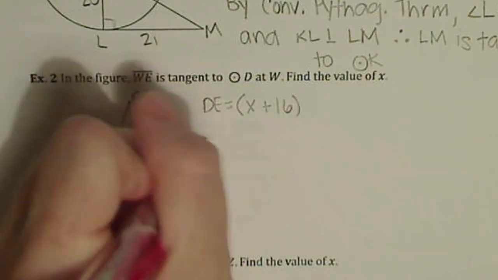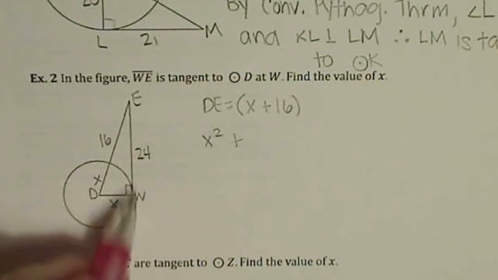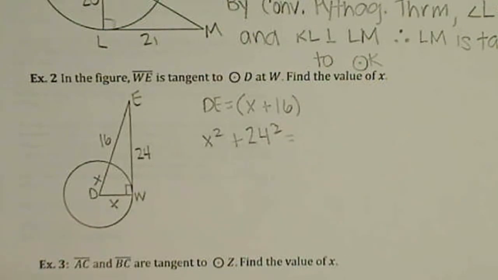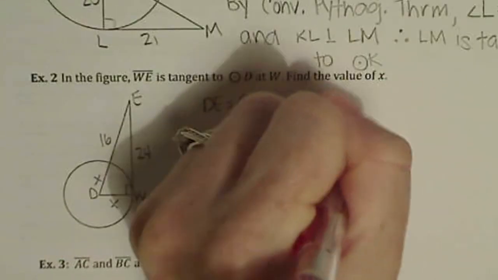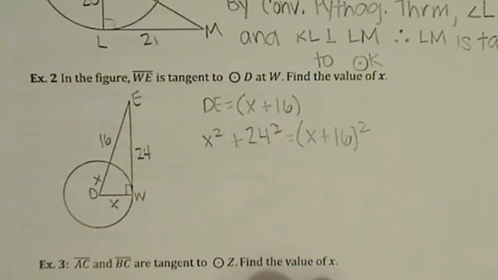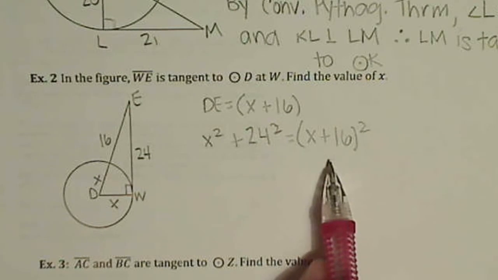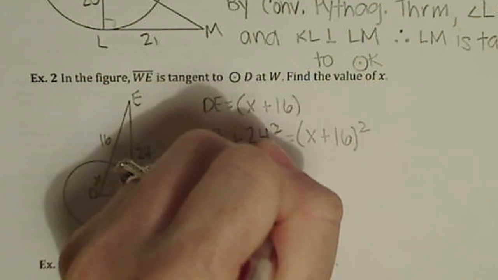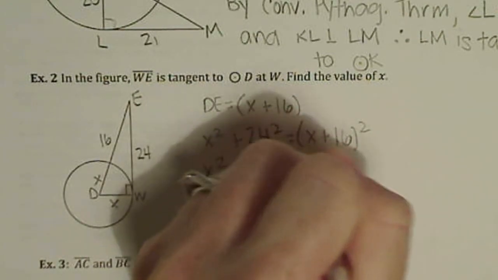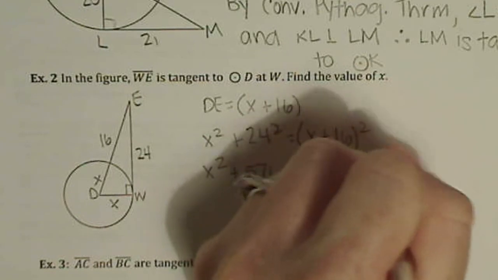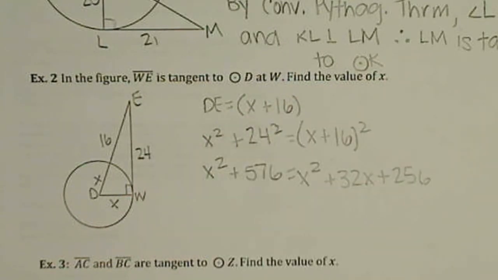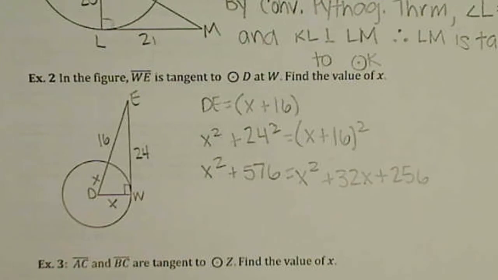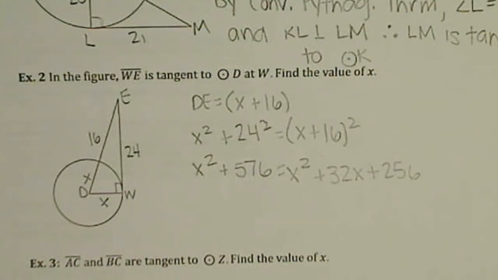Pythagorean theorem says X squared plus this side, 24 squared, equals X plus 16 squared. You are going to have to FOIL out X plus 16 squared. So we've got X squared plus 576 equals X squared plus 32X plus 256. Okay, usually if we have a squared or a quadratic, we need to set it equal to 0.